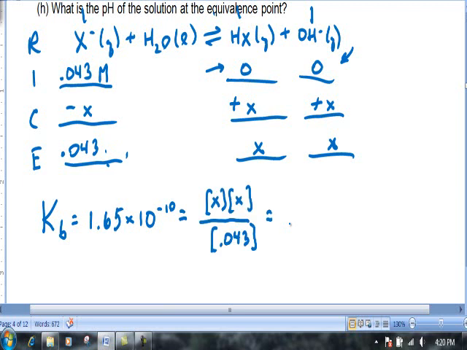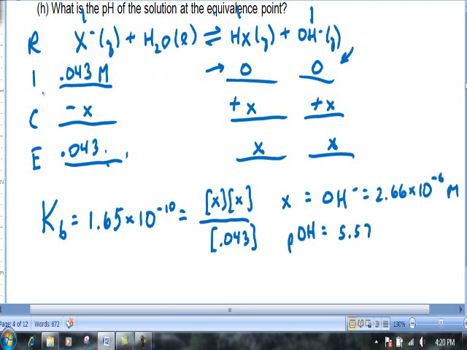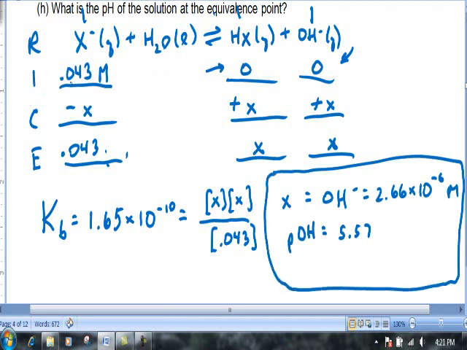We can now use our Kb value. We can solve for X. X will give us the hydroxide concentration, which we can use to get the pOH and then the pH. Solving for the hydroxide concentration, we get a hydroxide of 2.66 times 10 to the negative 6, which allows us to get the pOH equal to 5.57, giving us a pH at our equivalence point of 8.43.